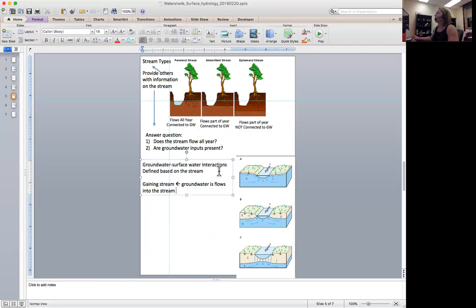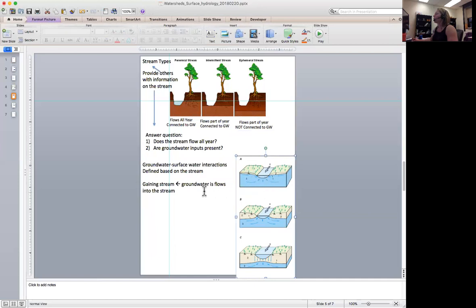And so if you look up at panel A in this figure on the right, you'll see these groundwater flow diagrams, and you'll see that groundwater is contributing to this stream. And so if we're in condition A, this could be a perennial stream or it could be an intermittent stream at this point in time. It couldn't be an ephemeral stream. That's just not possible because groundwater doesn't flow into ephemeral streams. And so that would be the connection that's happening within this system. So groundwater flows into the stream as a gaining stream.